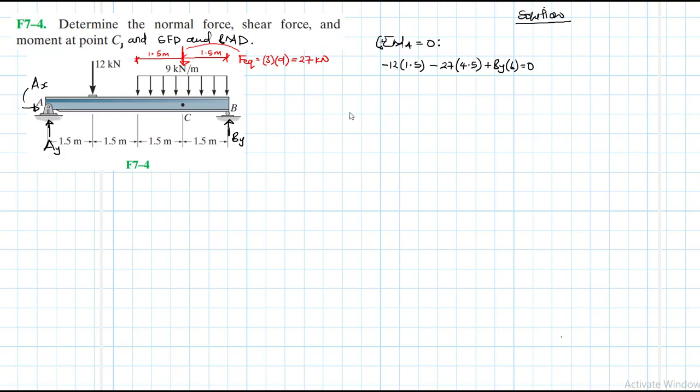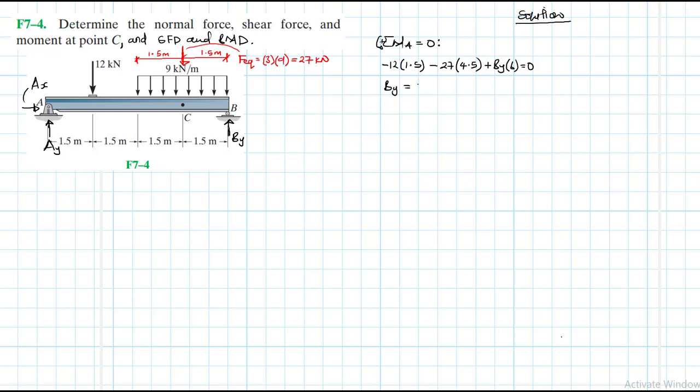Great. Let me just move this a little bit. I think it's fine where it is. Therefore, our By is going to be equal to, grab your calculators, minus 12 by 1.5 minus 27 by 4.5, then divided by 6.